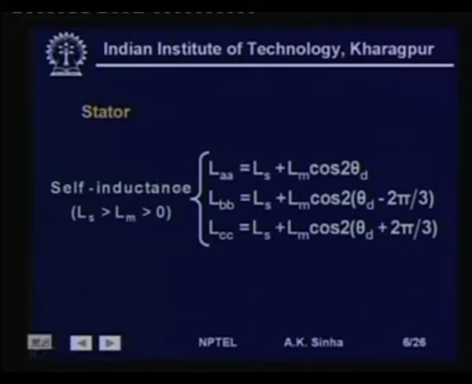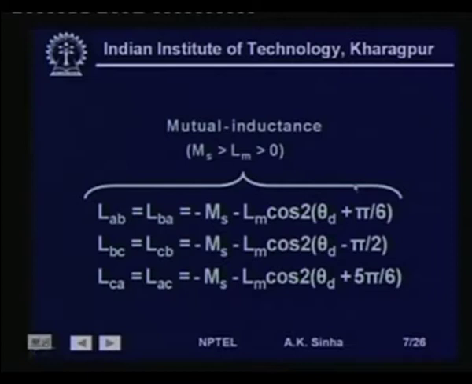That is, we are seeing the self inductances of the stator coils are dependent on the rotor position theta_d, and since theta_d is time varying, these inductances are time varying quantities.